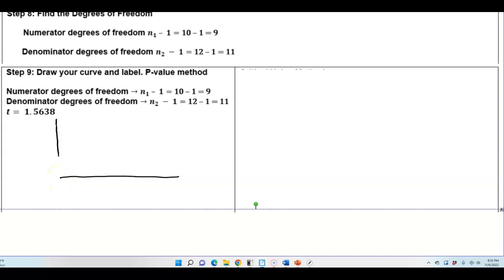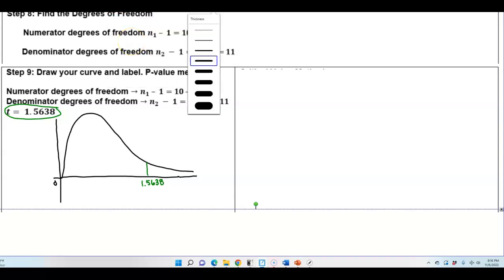Recall here that this distribution is going to start at 0, and it's going to have a right tail distribution. And we know that this test statistic is 1.5638. What we're interested in is this tail over here.